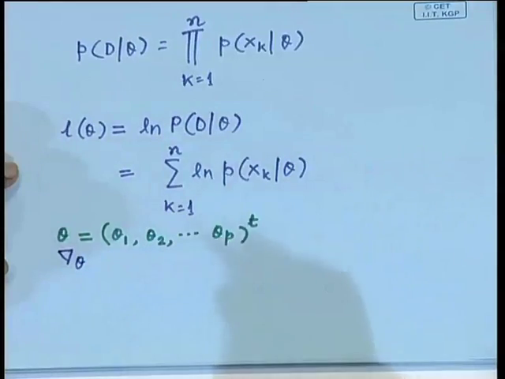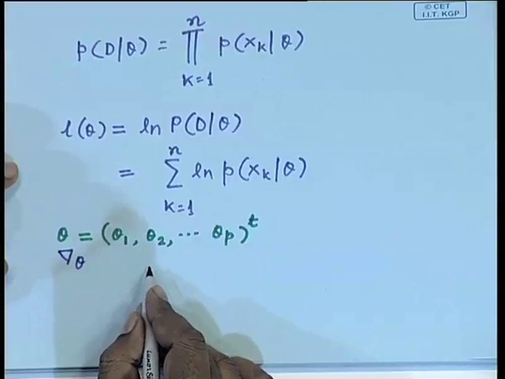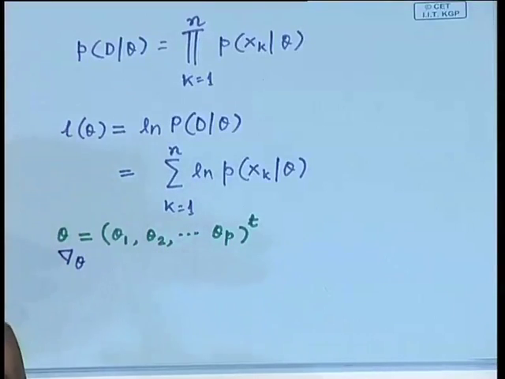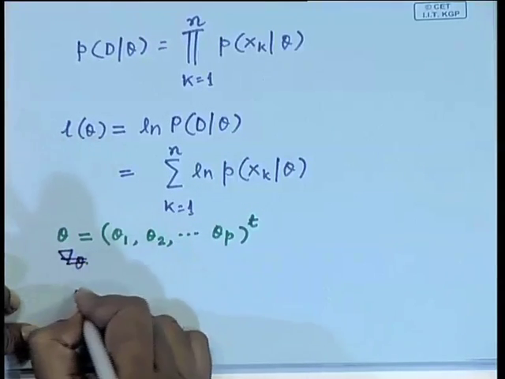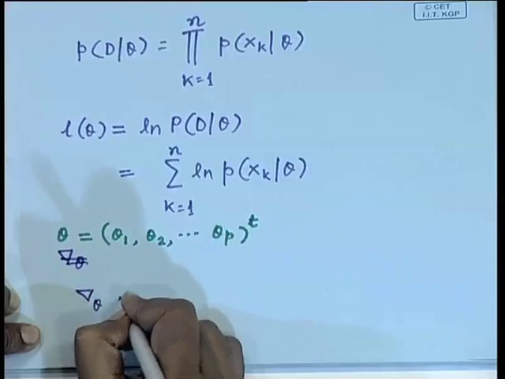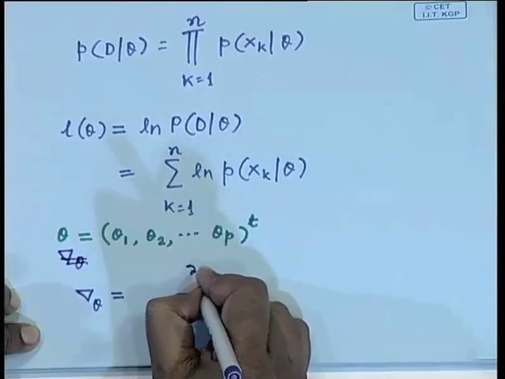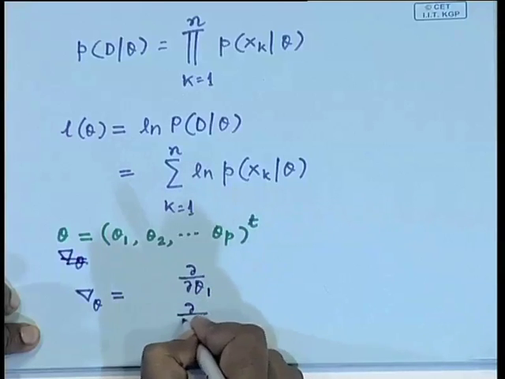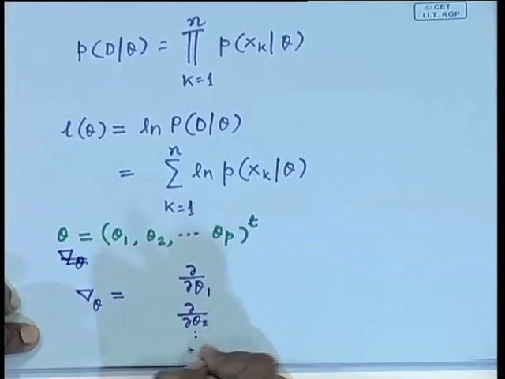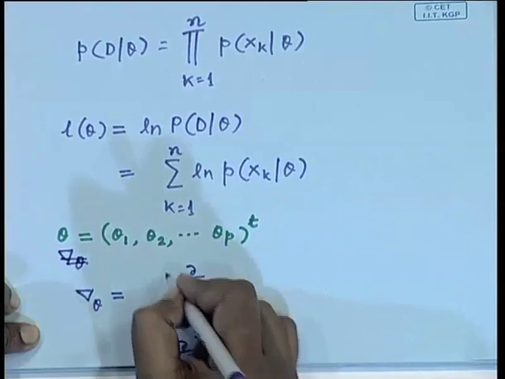I put it as transpose because theta is a vector, right. So, if it has got p number of components, then the grad theta operator will simply be del theta 1, del theta 2, del theta p.